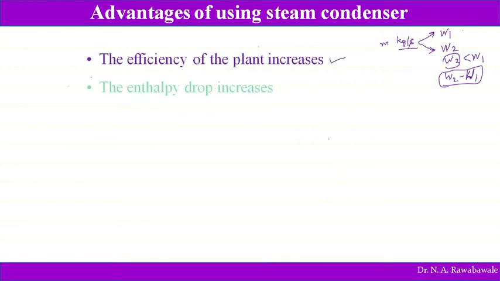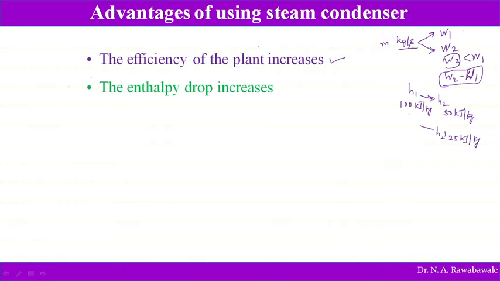Next one, we can see the enthalpy drop increases. Say for example steam enters at enthalpy H1 and comes out at enthalpy H2 if we do not use a condenser. So for example it enters at 100 kilojoules per kg and comes out at 50 kilojoules per kg, and if we are using a condenser then it comes out at H2 dash, say for example 25 kilojoules per kg.